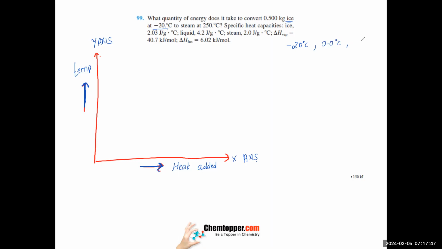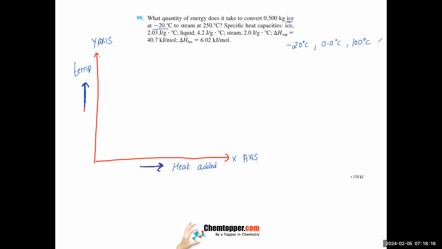Another important temperature is the boiling point, 100 degrees Celsius. They are not mentioning it, you should know it. You drink water every day. You should know everything about water: its specific heat capacity, its density, its melting point, its boiling point. It is the most abundant compound on the earth.